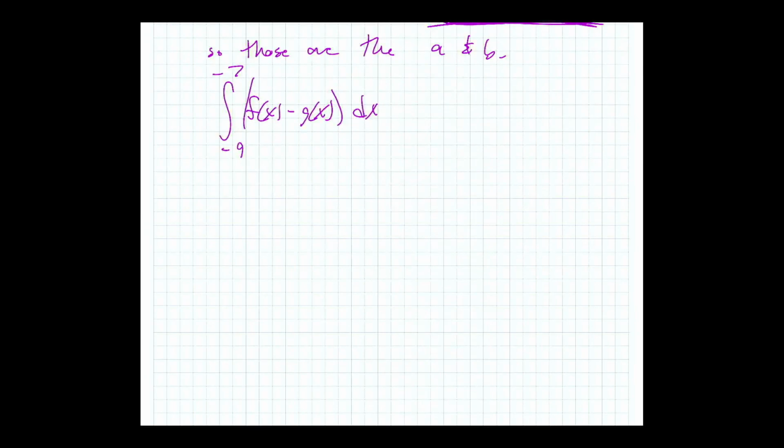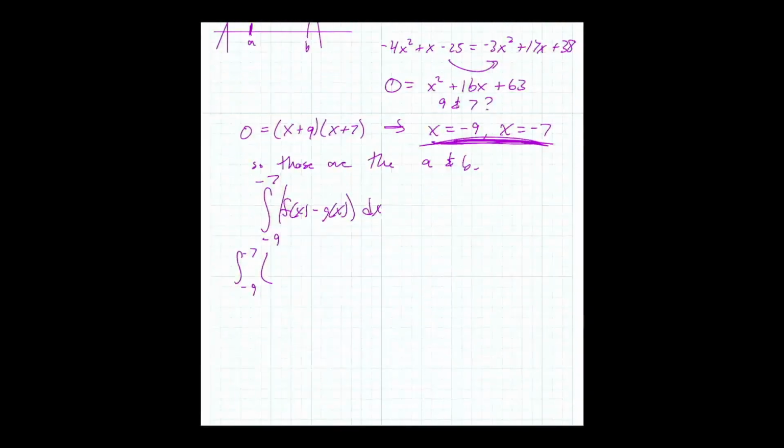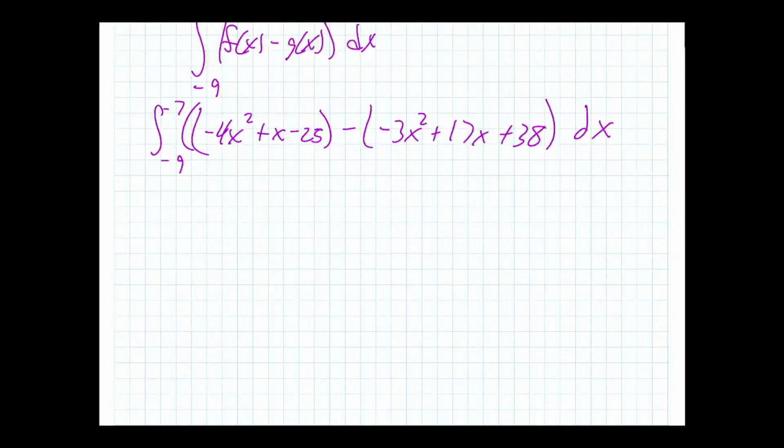So let's do this. So we have the integral from negative 9 to negative 7 of f of x, which is negative 4x squared plus x minus 25, minus negative 3x squared plus 17x plus 38, dx. Now this looks like a calculation we already did, but we just have to be careful to get the sign right.